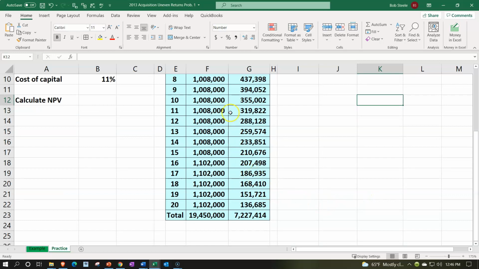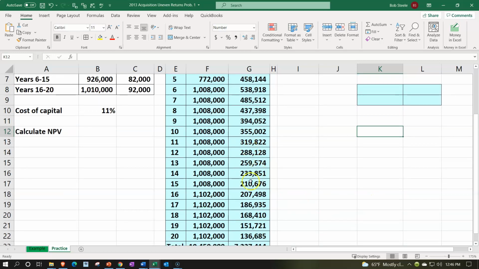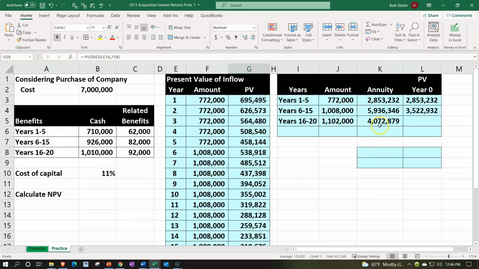Now again, this is going to be different because if I was to add these up, it adds up to 851,249, which isn't that, because we got to bring it all the way back here because that is an annuity that started like 15 years out. So we got to bring that back 15 years, which is significant.